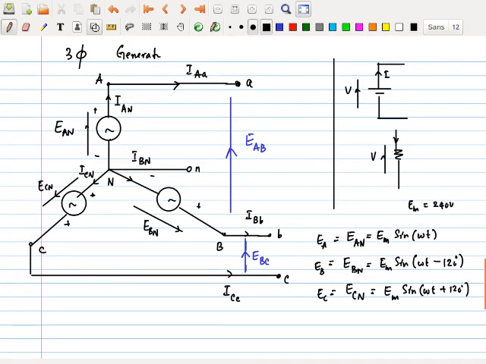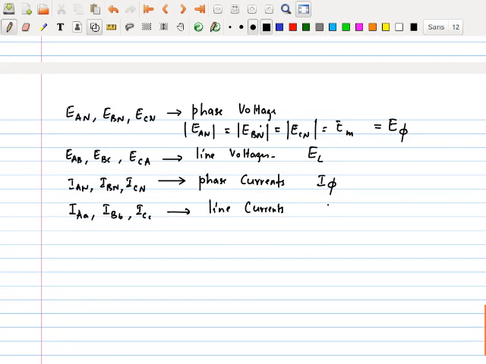This is IA that goes in the line, this goes in the phase. But looking at the diagram, immediately you realize that I of AN is equal to I of Aa. Immediately you see that. And all of these things are called I of L, indicating it's going in the line.